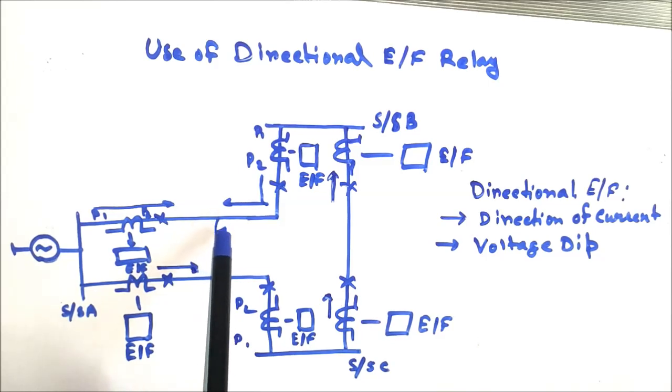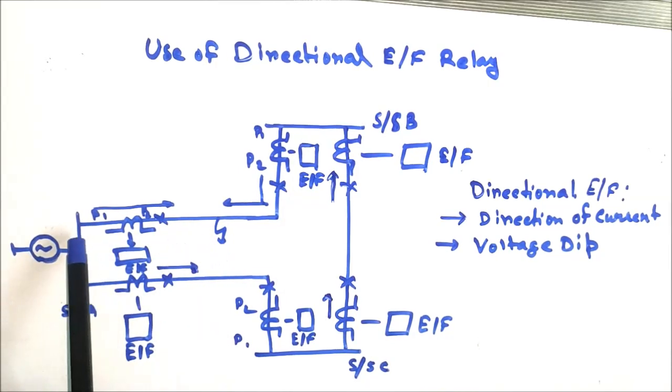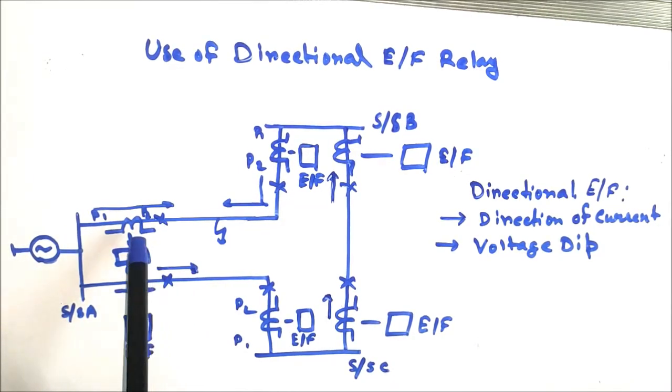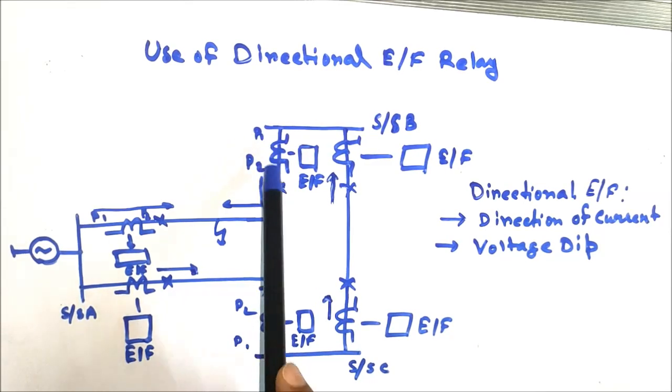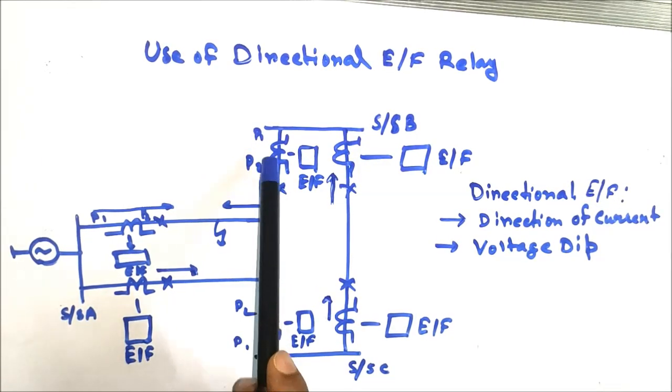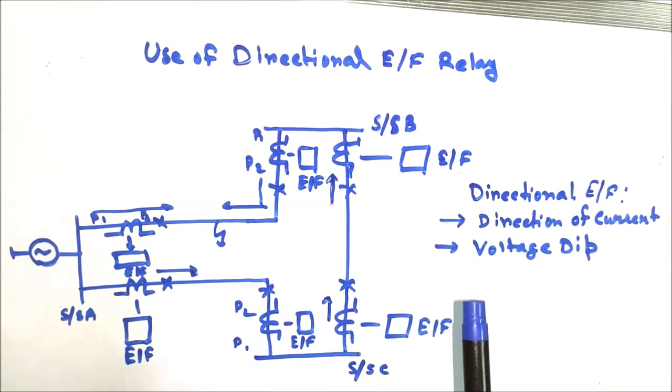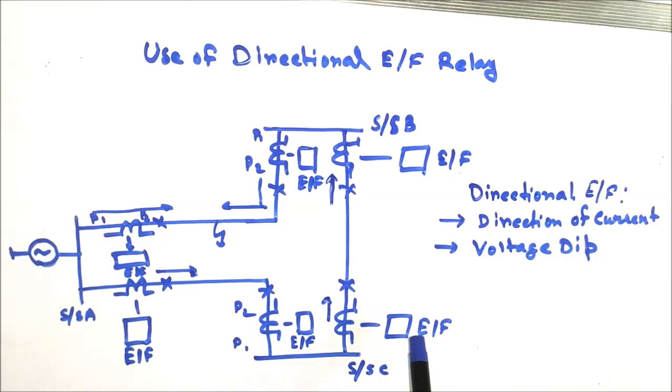So the fault occurs at this point, therefore from the substation A end the current is flowing from P1 to P2 direction, and again from the substation B end current is flowing from P1 to P2 direction. P1 is the bus side, P2 is the line side. Again for the substation C end the current is flowing from P1 to P2 direction.